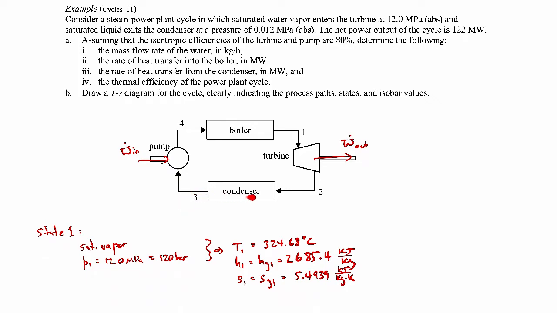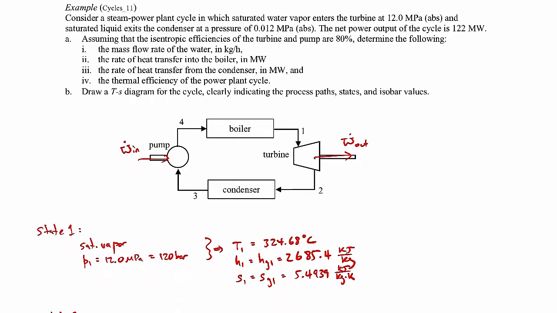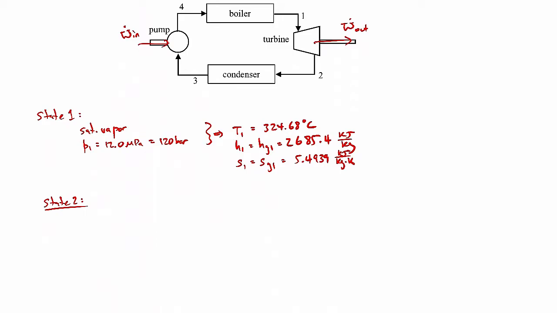But we know that the pressure across a condenser is constant. So we know that P2 will equal P3, and that'll be 0.012 megapascals, which is 0.12 bar. So that's one piece of information we know.